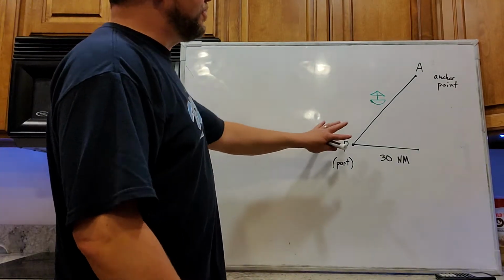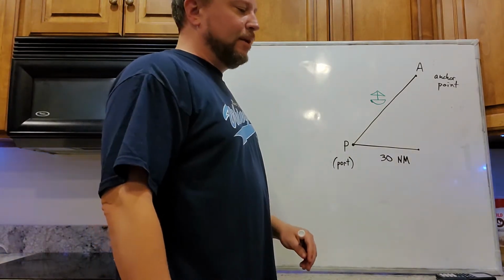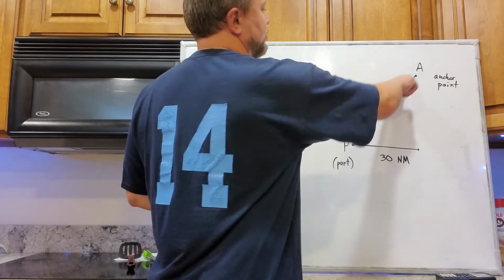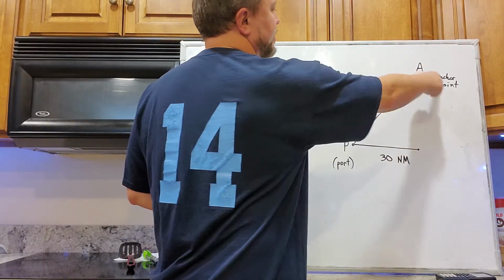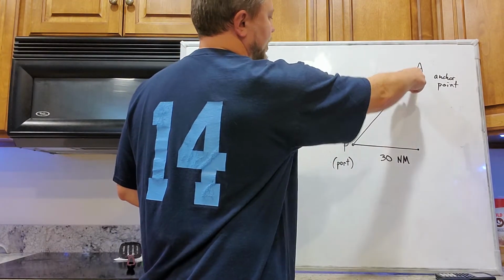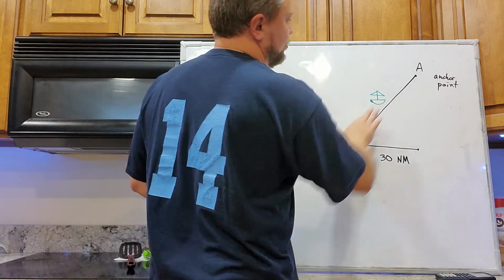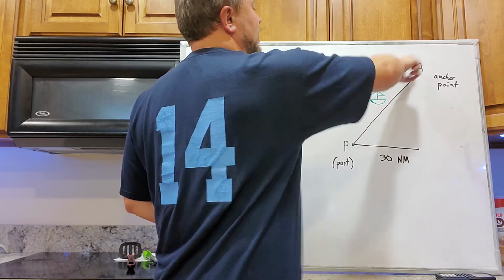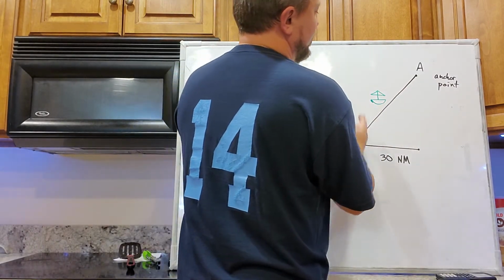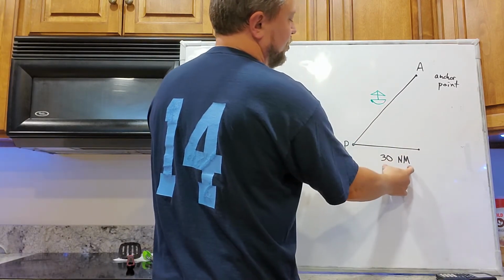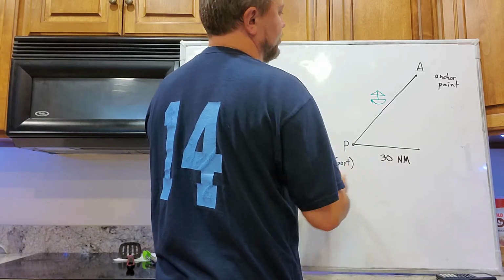All right, so here's my picture again representing the scenario they were talking about, where here's port. The ship's going to travel this distance here to the anchor point out here. So I call it port P and the anchor point A. And as you travel that, you're going to be moving on this line, but you're also moving at the same time as you travel a horizontal distance of 30 nautical miles.